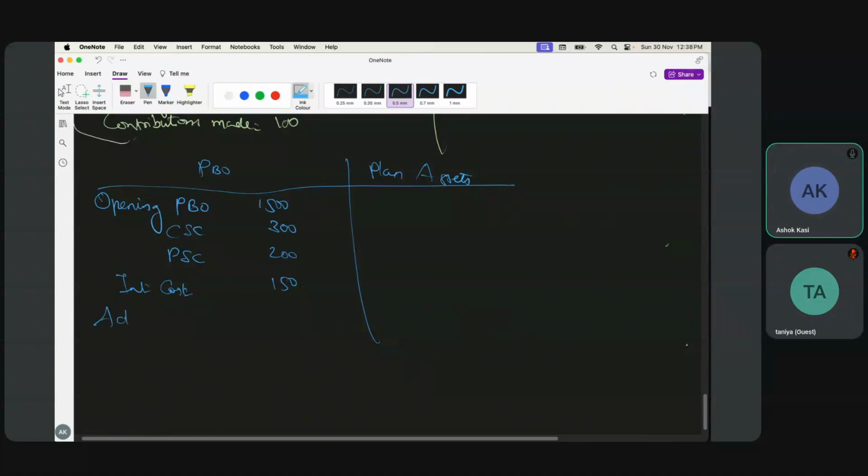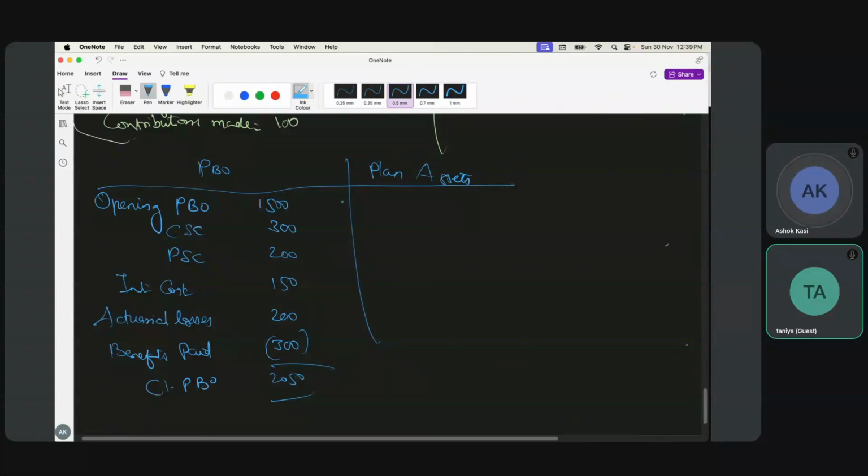Actuarial losses, because it is loss, I'll write in plus. Then benefits paid 300. So left hand side closing PBO is 2050. You got this number?